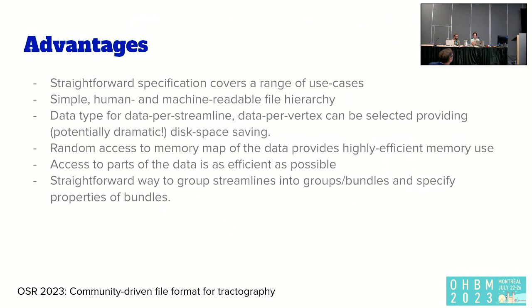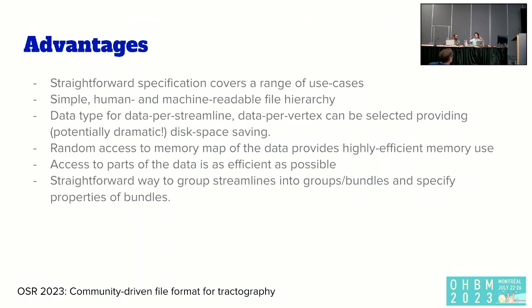And in terms of efficiency of computing, it provides random access to memory maps of the data, and that provides highly efficient memory use without a lot of cost in terms of computing time, because access to parts of the data can be as efficient as possible. That was identified early on in the discussions as a real need.